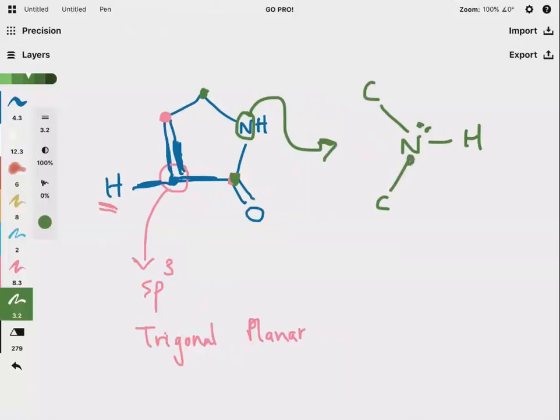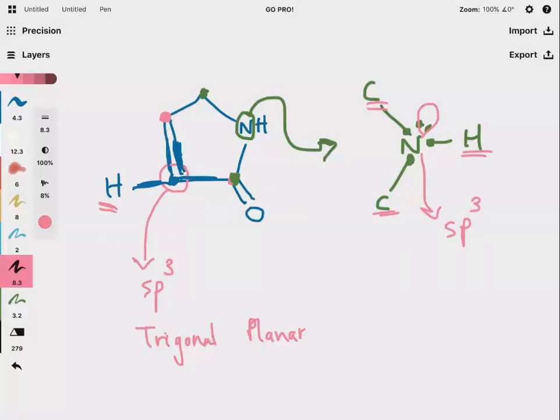So here's 1 of its valence shell electrons, 2, 3, 4, and 5. So how many things does the nitrogen think it's bonded to? It thinks it's bonded to this carbon, 1, 2, that hydrogen 3, and then that 4. So that nitrogen is going to be an sp3.